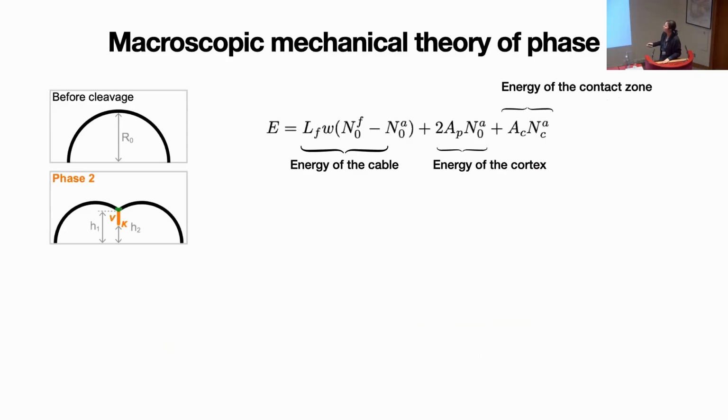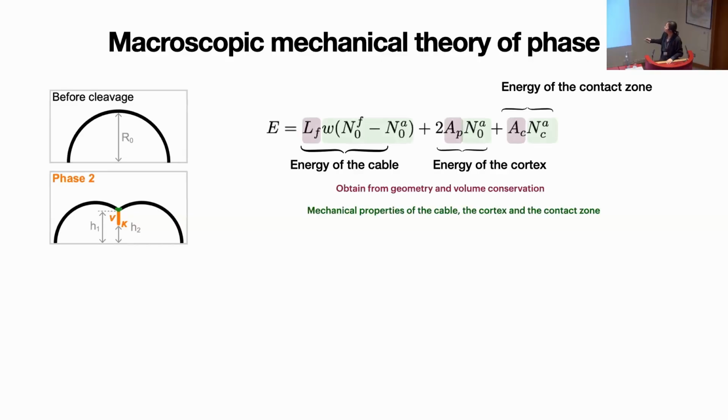We can use exactly the same argument, except we have the energy of the cable and the energy of the cortex, and then we just need to add the energy of the new membrane contact zone, which is this term. So exactly the same as before.